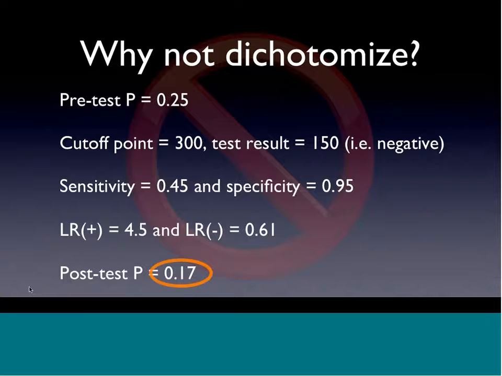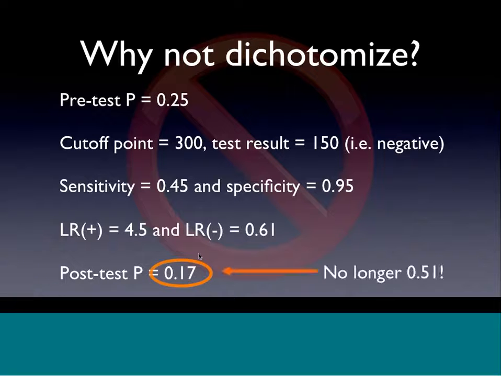But now, all of a sudden, instead of being a positive result, this is a negative result. And because we changed the cutoff point, the sensitivity and specificity changed. We calculate likelihood ratios again, but your post-test probability now, instead of being 0.25, drops to 0.17.